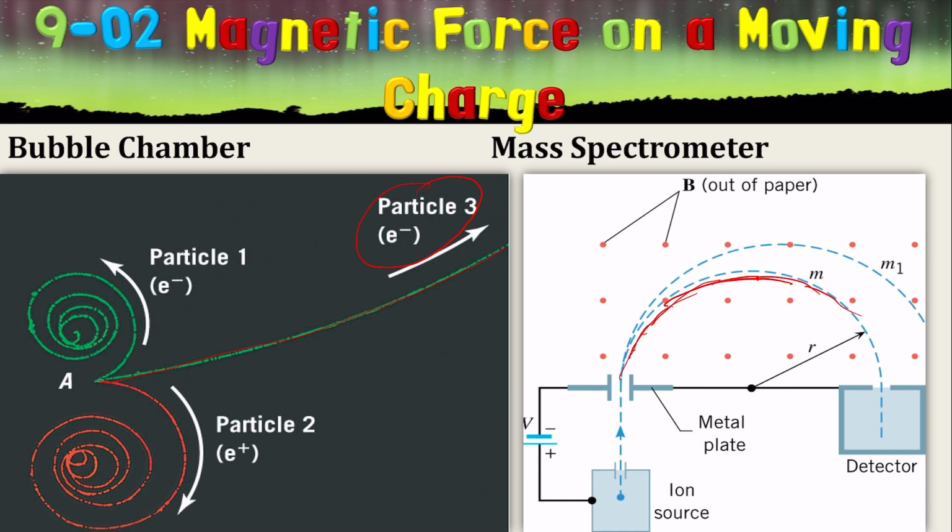All the ions are shot with the same speed, so the difference in the radius is due to their mass. A smaller radius would be a smaller mass. A bigger radius would be a bigger mass. By doing that, you can determine the different masses, and you can figure out the composition of some unknown material that you are studying.